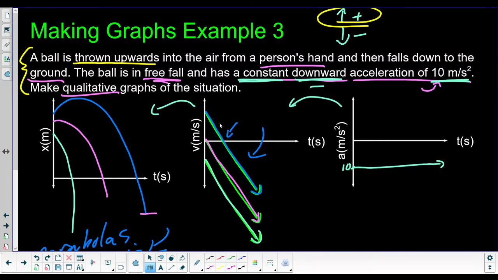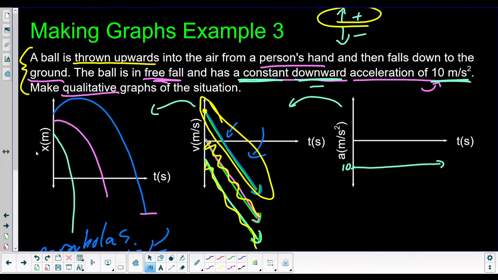So that means at the start, when I'm throwing the ball up, we're giving it an initial positive velocity. This is telling us where to start. It's saying velocity is positive at the beginning. That excludes this graph and excludes this graph. So this blue one is the correct velocity graph for this situation of throwing a ball up.